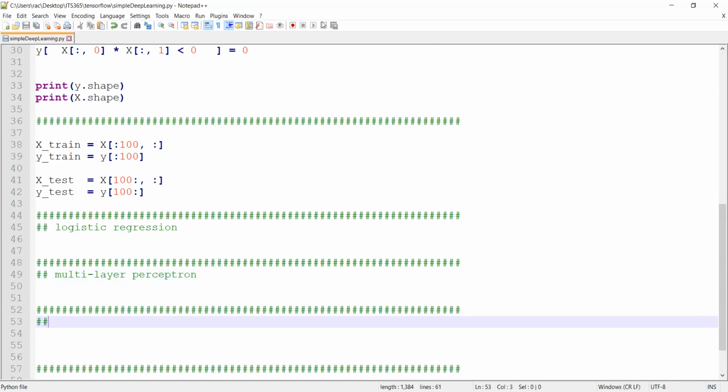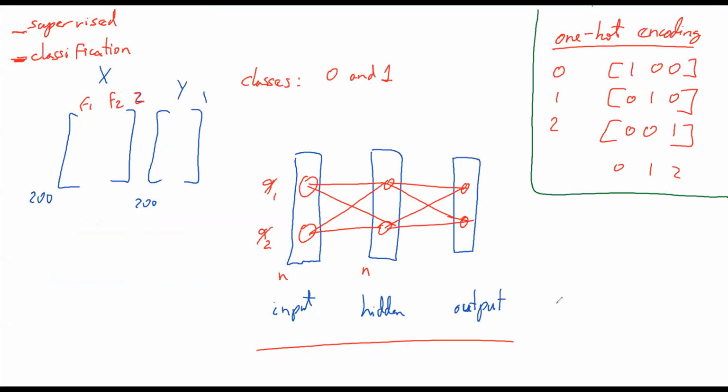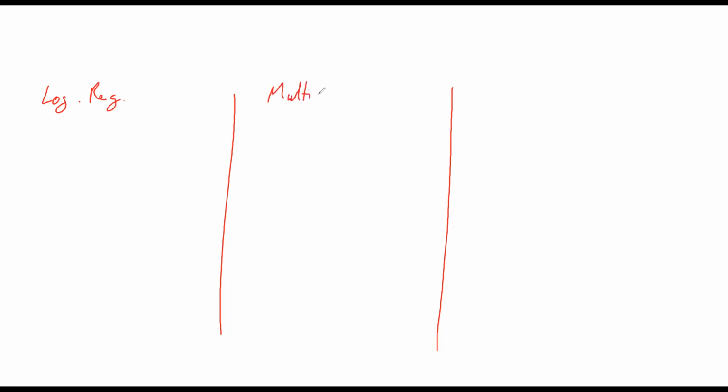But you will see that they're actually very straightforward, because the only difference, if we go back to the whiteboard again, is that I have logistic regression, the multi-layer perceptron, or a deep neural net.